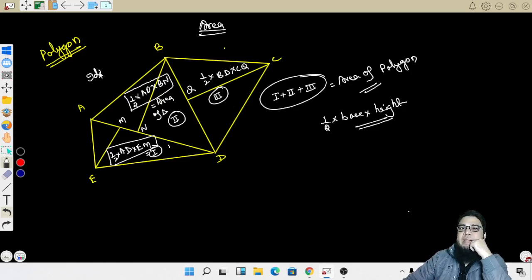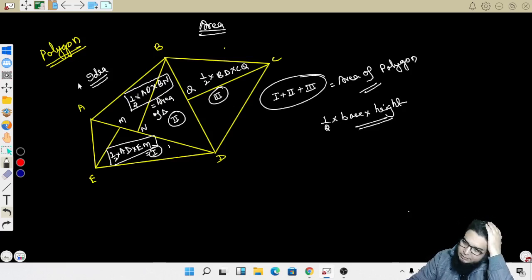From here, I just want to develop the idea of how the area of a polygon is calculated.